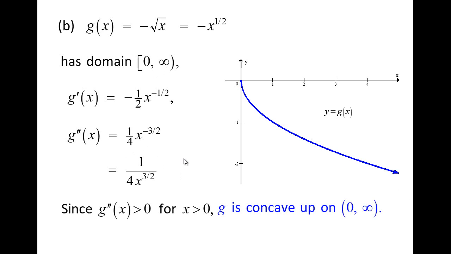If we look at the graph of g, we see this, and again it's concave up because the curve always lies above any of its tangent lines. The graph always lies above the tangent line at any point on the curve. So it's concave up on this interval.